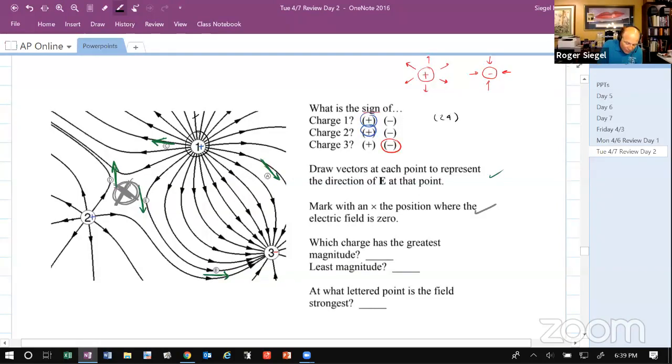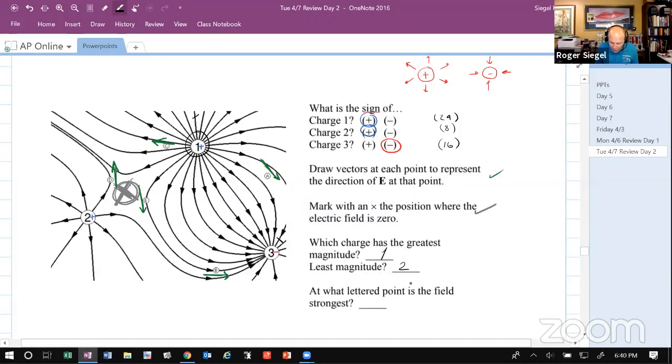There's only 8 around 2, but 3 looks like it could have close to 24. Let me put a mark here and count. That's 16. So the largest magnitude charge is charge 1, and the smallest magnitude charge is charge 2.